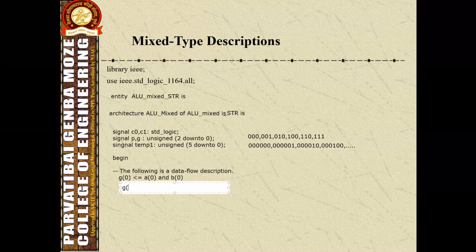And G1 should perform the AND operation of the first bit of A and the first bit of B. Similarly, we perform the AND operation of the second bit of A and the second bit of B. And we have to write a semicolon now.